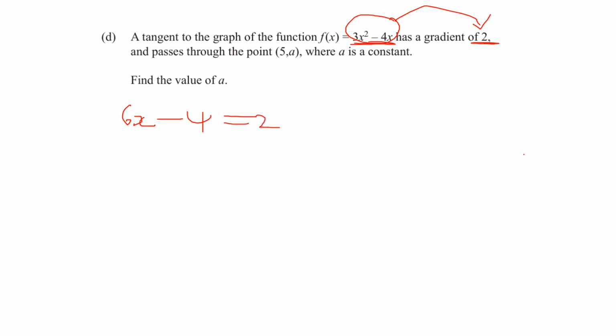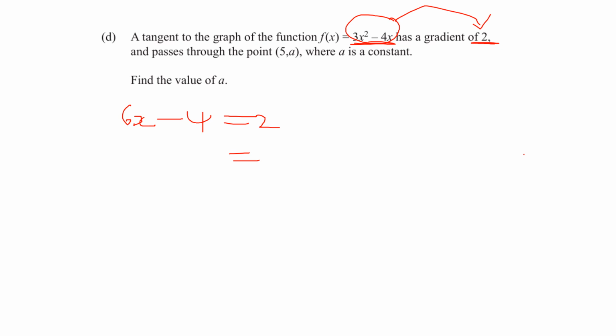What we want to do here is find out what x is. Why do we want to find out what x is? Because we want to find out for what value of x we get the gradient of 2.